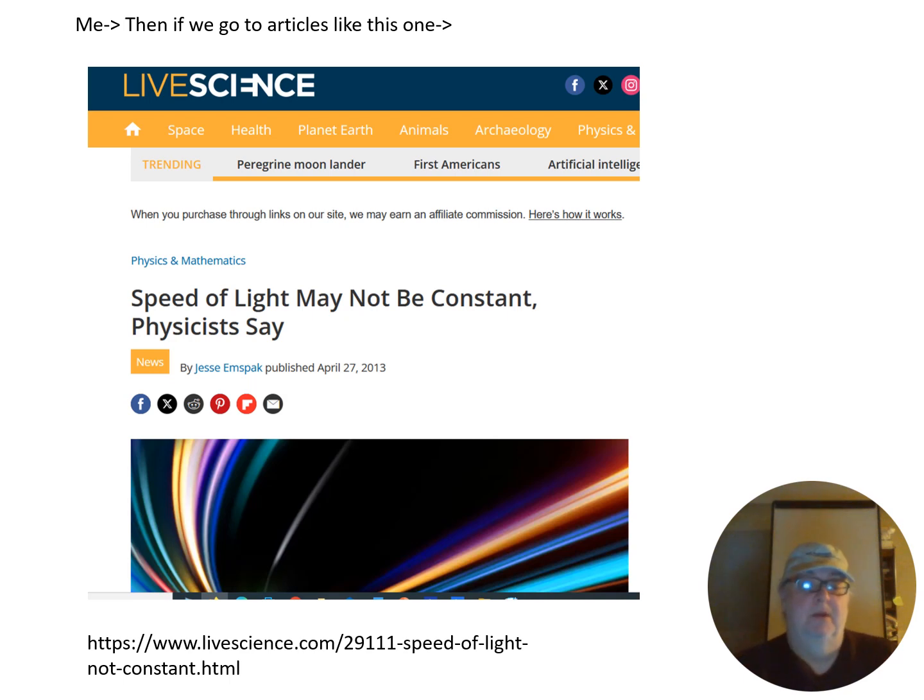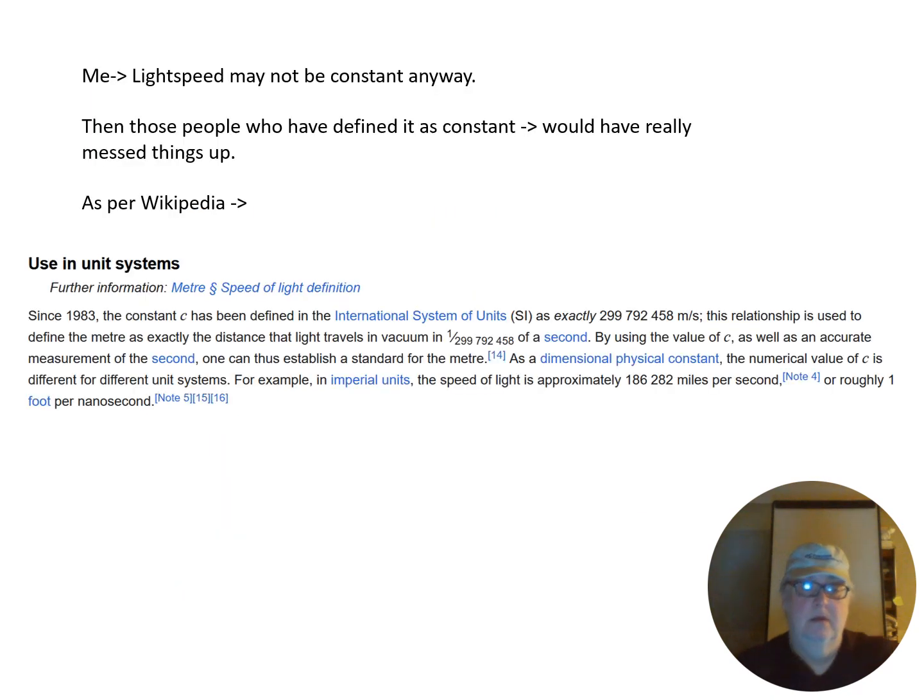And the papers that are saying that speed of light is not constant are probably more correct. So going by the papers which say that light speed may not be constant, what Einstein was saying in his 1905 paper on special relativity has been misinterpreted, and light speed is not constant anyway.